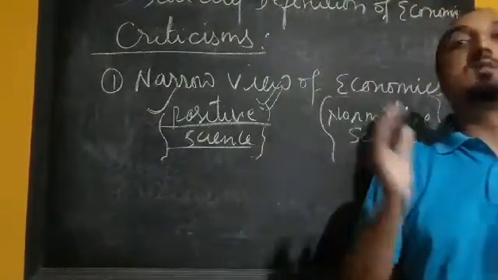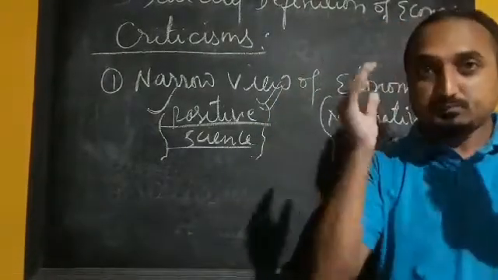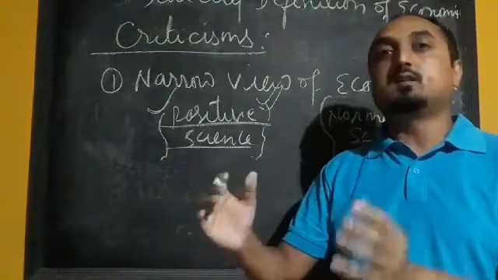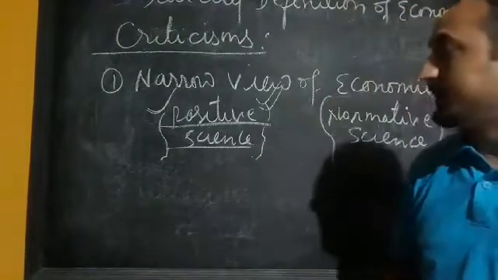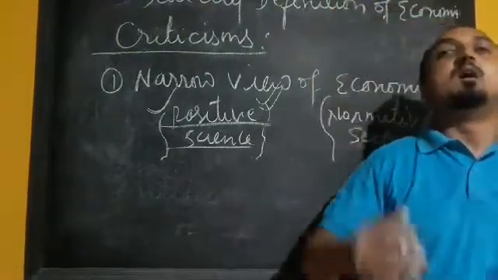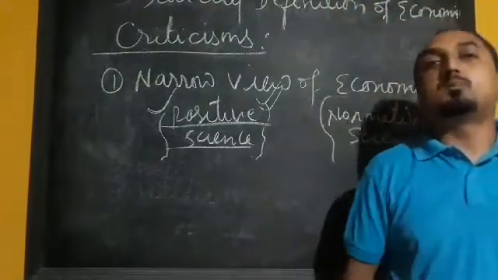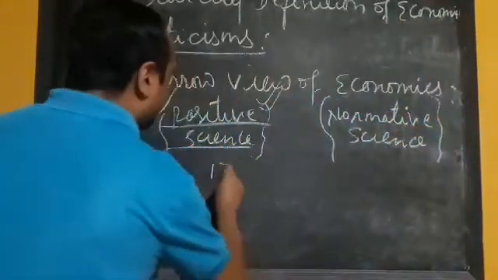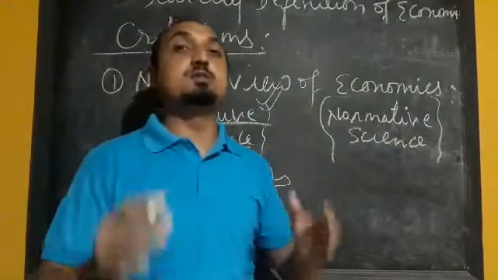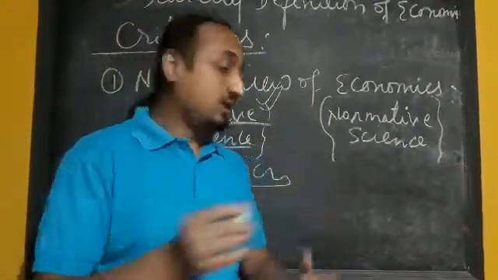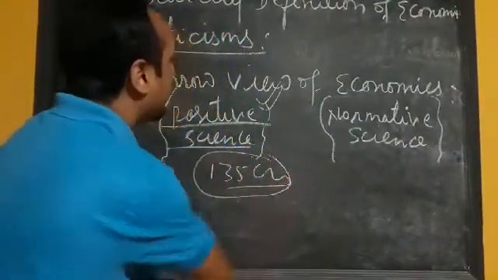Positive science is concerned with the study of facts and figures. I will give you one example. At present, some data says that the total population of our country is 135 crores. So this 135 crores is a fact and a figure, and it is expressed in numbers.